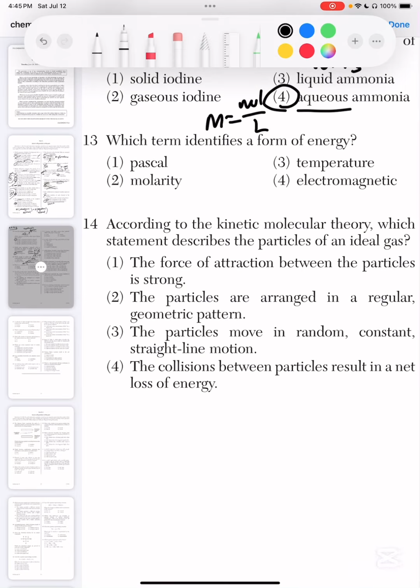Which term identifies a form of energy? This one will be 4. Because this is pressure. And then this is a unit for concentration.